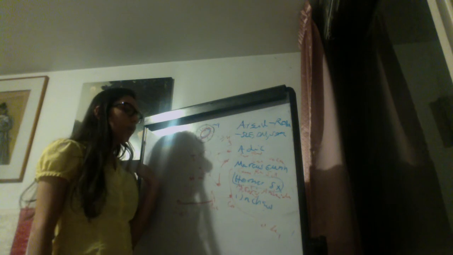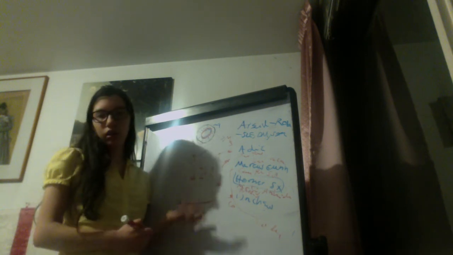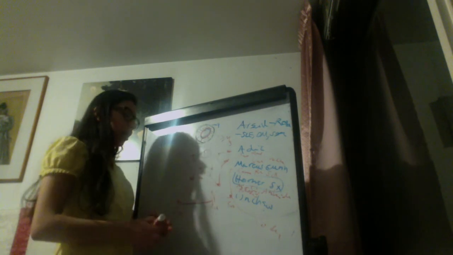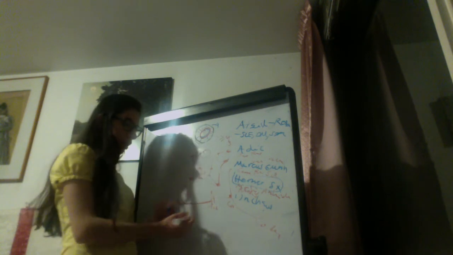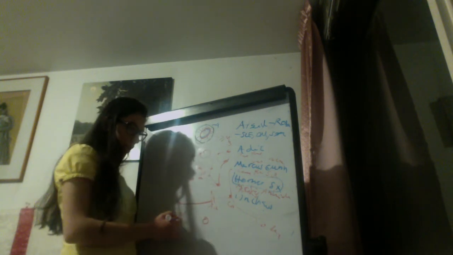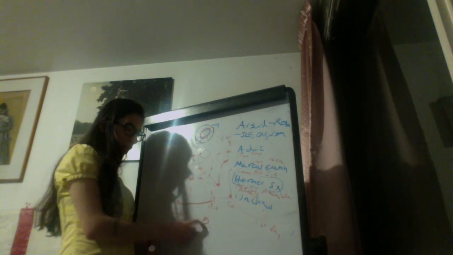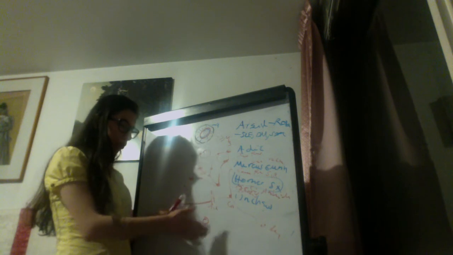And the uncal herniation. Uncal herniation is seen in epidural hematoma or subdural hematoma, etc. The point is that we are compressing the third cranial nerve, and because we are compressing it, we are compressing the parasympathetic fibers first, because those are on the periphery.